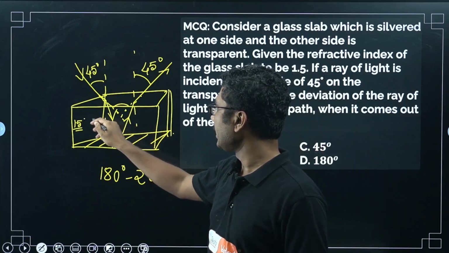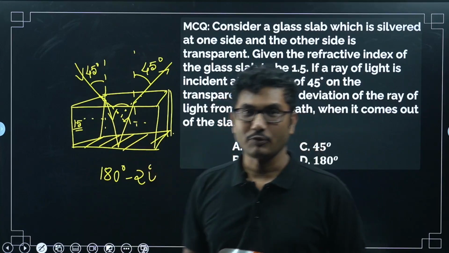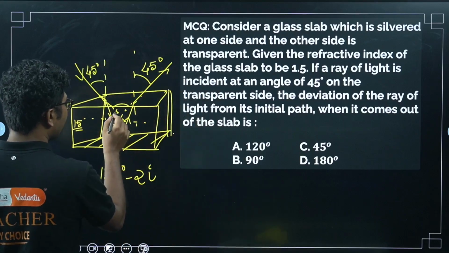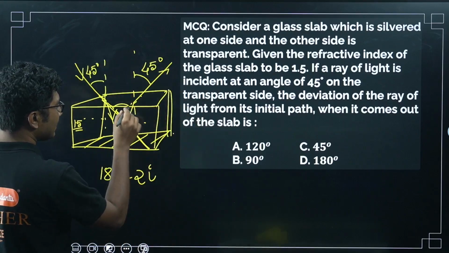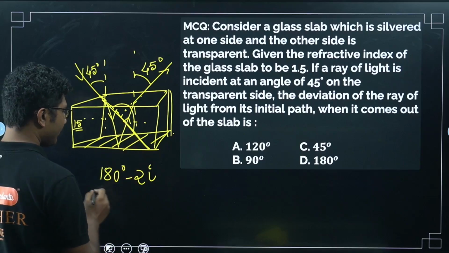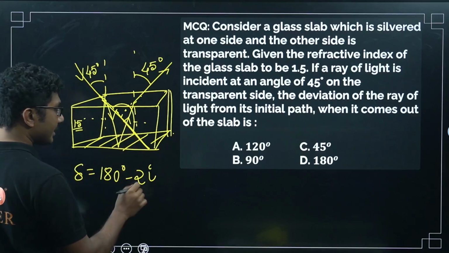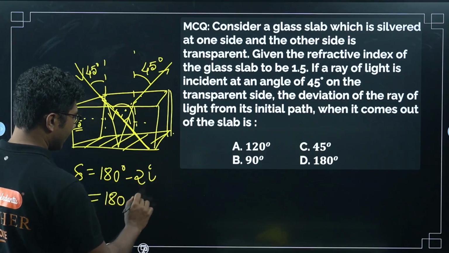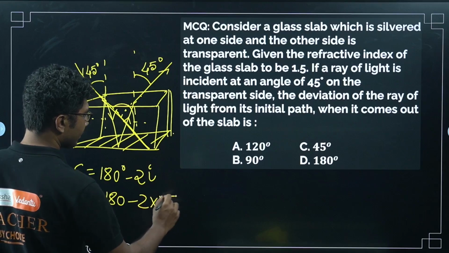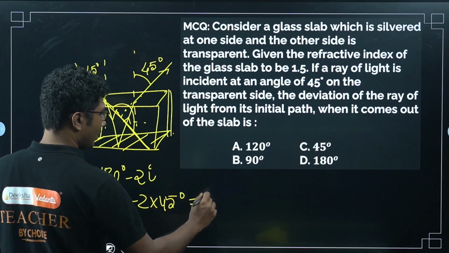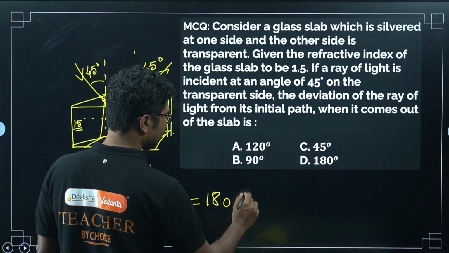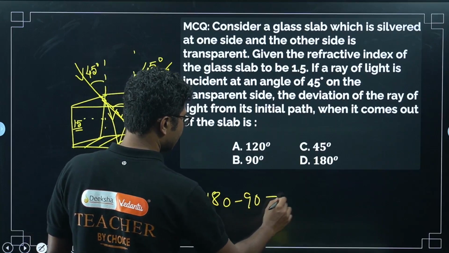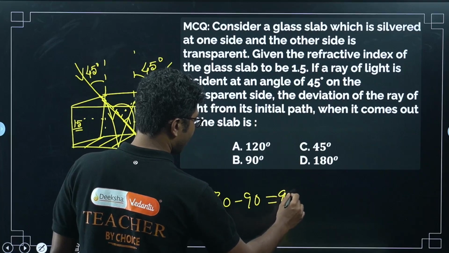So this is the apparent plane of reflection, and from it you can calculate this angle, which is the angle of deviation. So the angle of deviation is 180 degrees minus 2 times 45 degrees, that is 180 minus 90, which is 90 degrees.